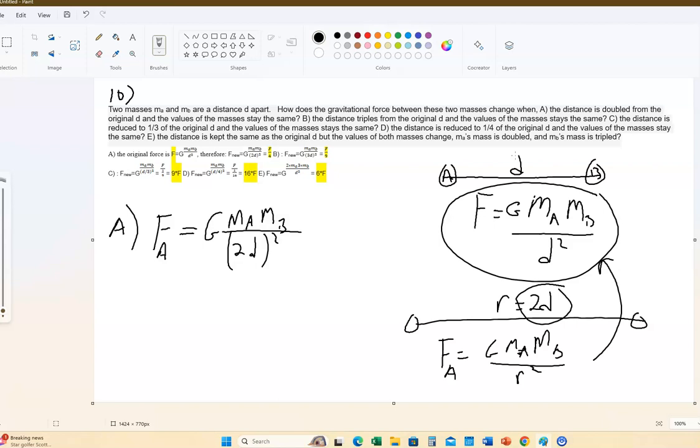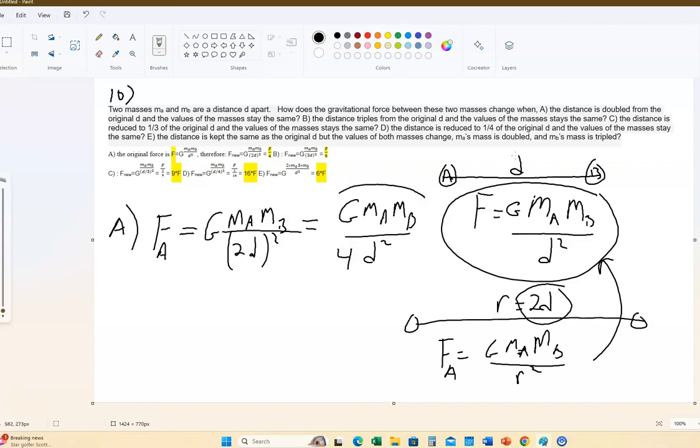That's the key. Then if I pull the two out, this two squared becomes G times mass A times mass B divided by D squared, but it's also divided by 4.